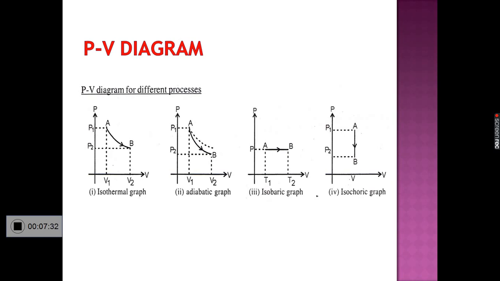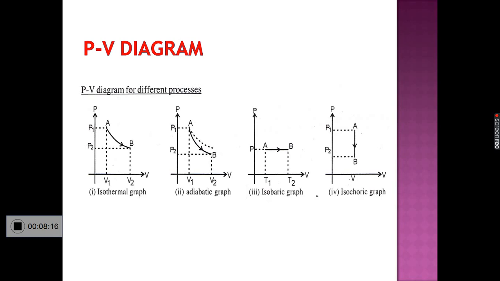Volume should be indicated, and there is a mistake in the diagram. It should be volume V1 and V2, not T1 and T2. It should be V1 and V2. So pressure is constant, volume changes in isobaric process. As the equation for isobaric process is V is proportional to T, or V by T equal to a constant.